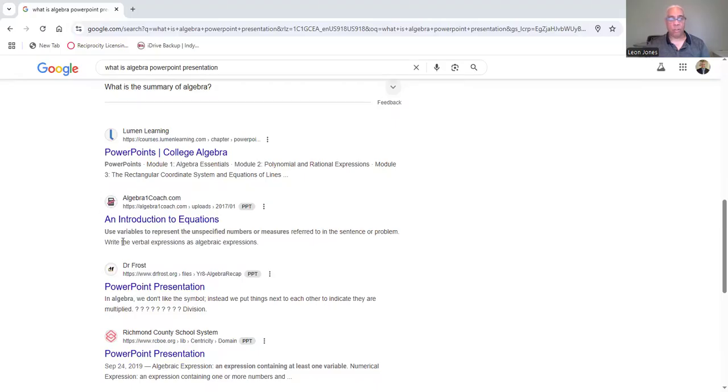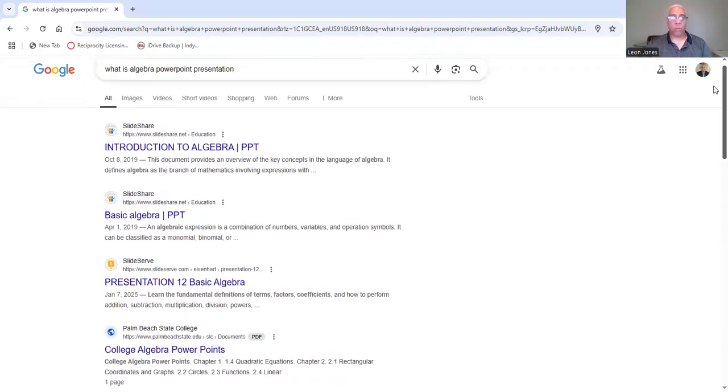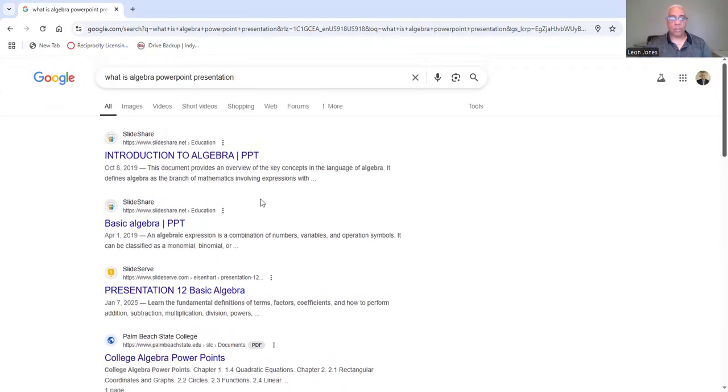Again, when we deal with algebra, we're using variables to represent the unspecified numbers or measures referred to in a sentence or a problem. But when we talk about the meaning of algebra, it's a branch of mathematics that deals with expressions, variables, and word problems.